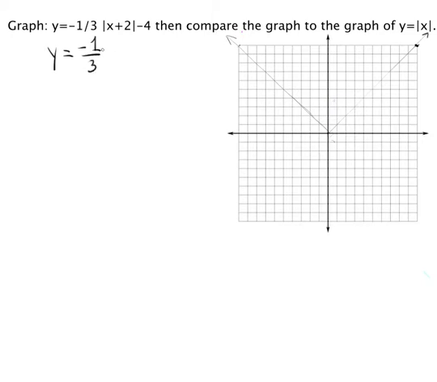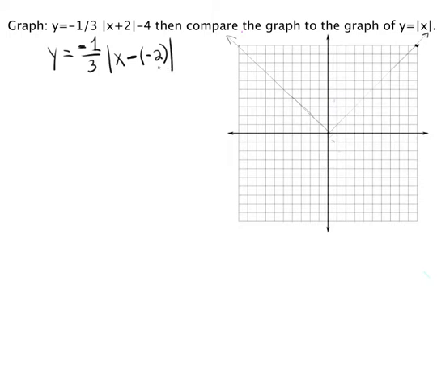So I have my negative 1/3, so I'm thinking to myself that the y values will be multiplied by 1/3, and then I also have to reflect it. And remember, it's the reflection across the y equals. Then when I move to my x, I need to remember that it is a minus, so my plus 2 is a minus a negative, which is a positive.